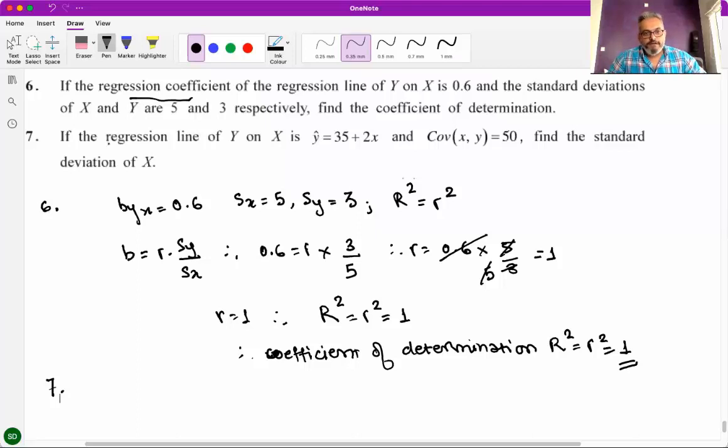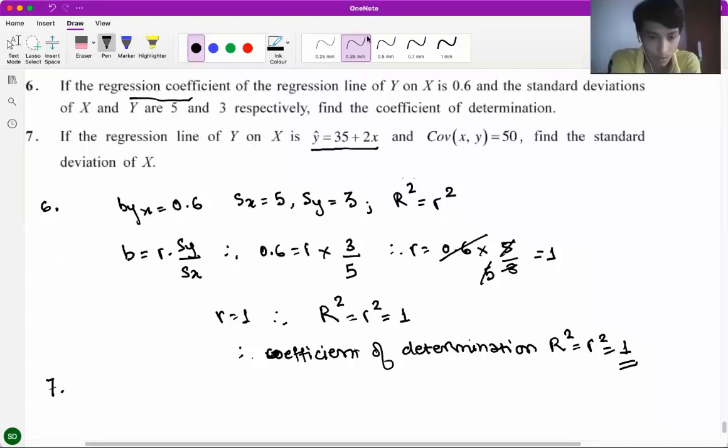Seventh one, if the regression line of y on x is y cap is equal to 35 plus 2x and covariance x comma y is equal to 50, find the standard deviation of x.